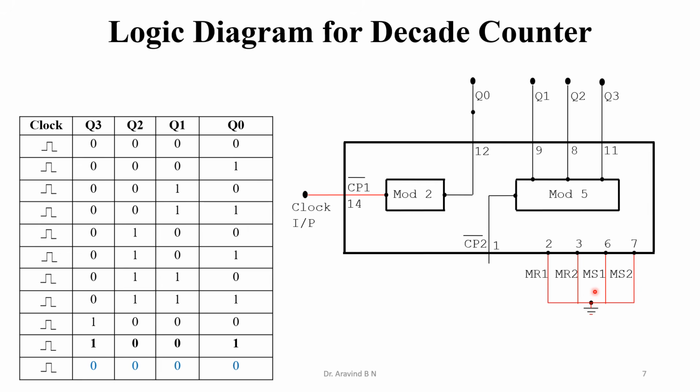Making it equal to 0 is as simple as connecting all these four to the ground, ground in the sense input is equal to 0. Therefore, all these four are connected to the ground, and then the clock is connected to the clock input. The clock input can be a monopulse or the 1 Hz clock available in the trainer kit.